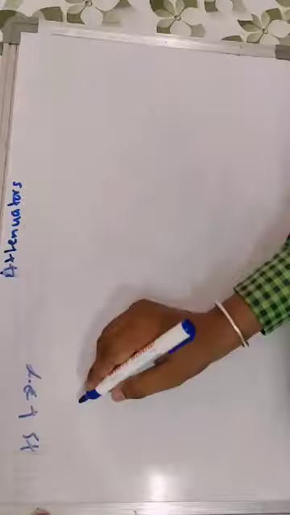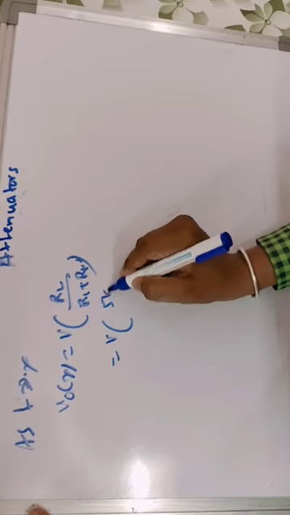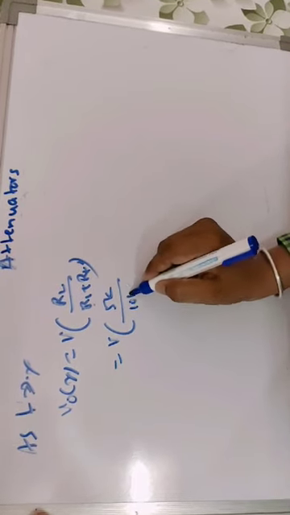As t tends to infinity, the output voltage V0 of infinity is equal to V into R2 divided by R1 plus R2. We had taken R1 and R2 as 5 kilo ohms each, so it is 5k divided by 5k plus 5k, which is 10k.